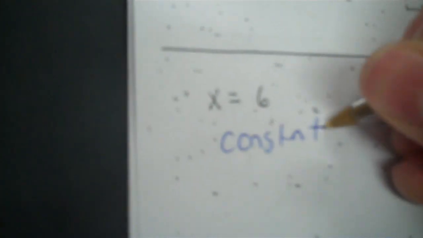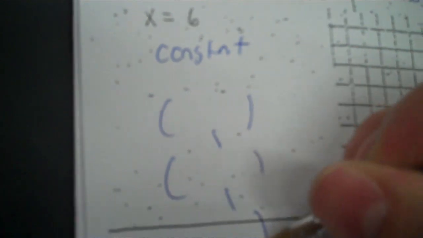Okay, same thing here. Get y by itself, well, we're missing the y. So we have another constant equation. The constant value is 6, and that's for the x now. The x has the constant value of 6 throughout the equation. And for y I'm just going to have 1, 2, 3.